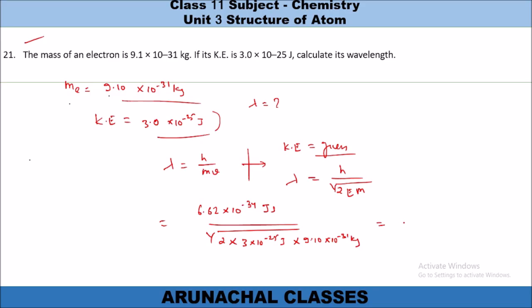Now if we solve this, we get 8.967 multiplied with 10 power minus 7 meter. Now converting to nanometer, it will be 896.7 nanometer. So this will be the answer for this question.